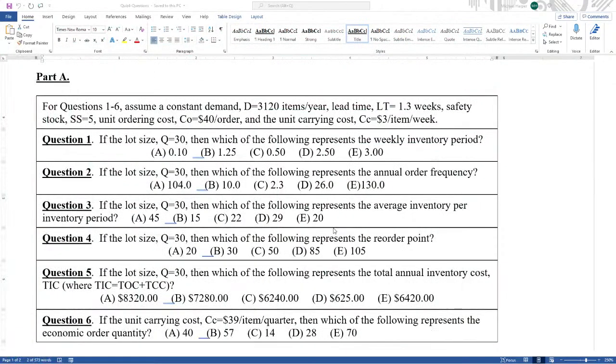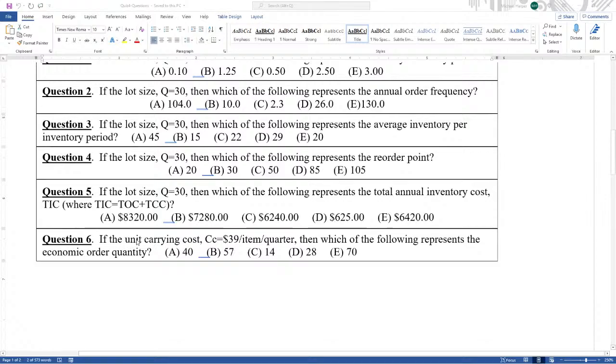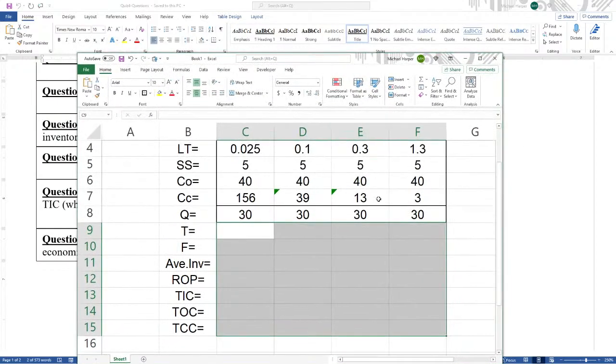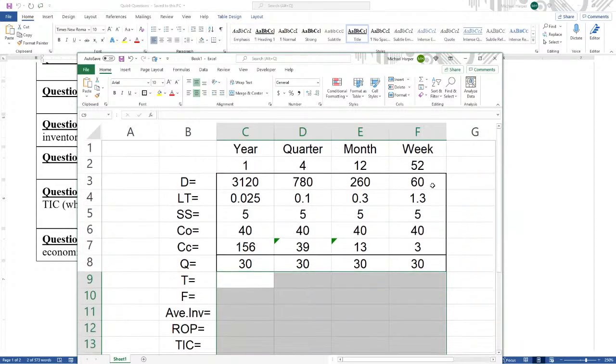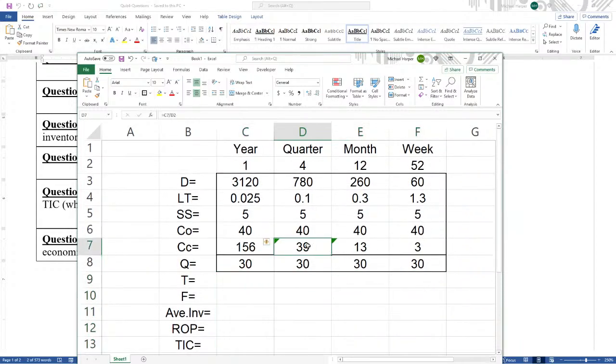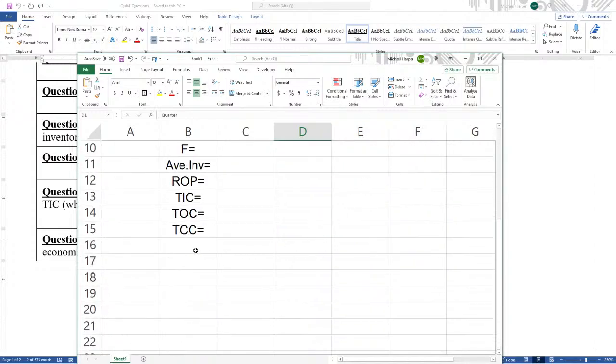it says, the last one, if the unit carrying cost is $39 per item per quarter. Well, notice what I did here. If it's $3 per item per week, it's $39 per item per quarter. So it's the very same thing. Okay. So then down here we want EOQ.